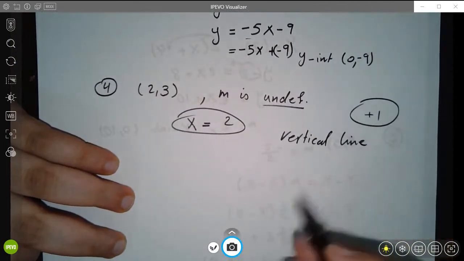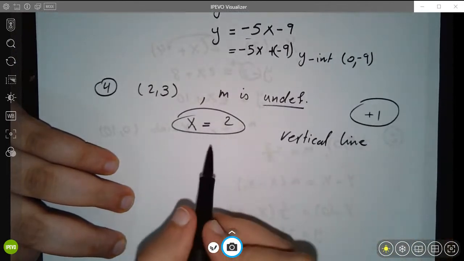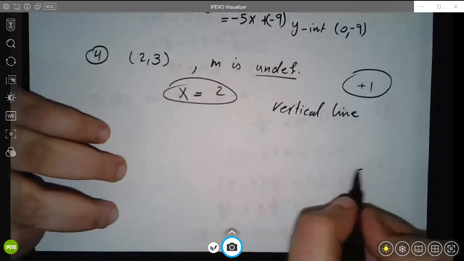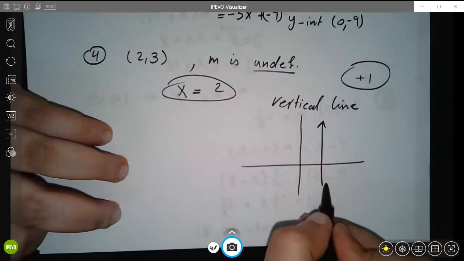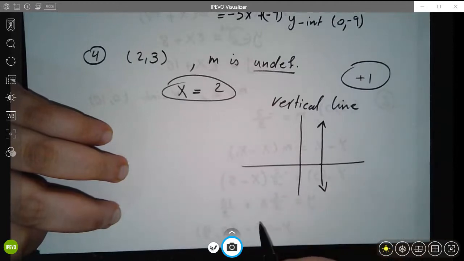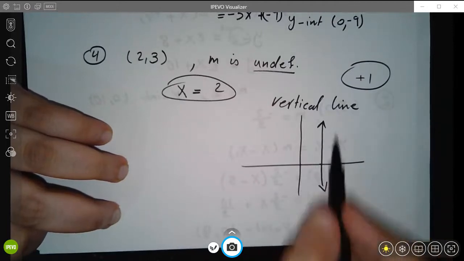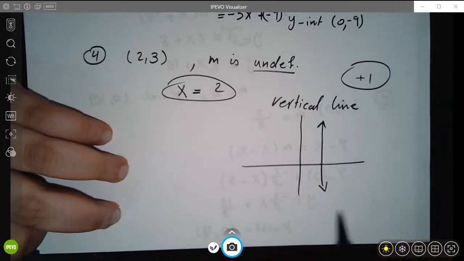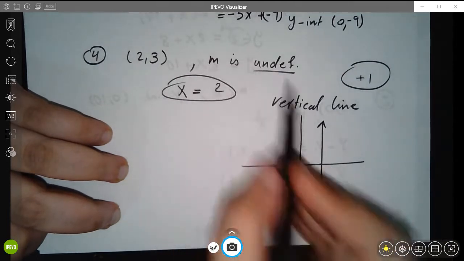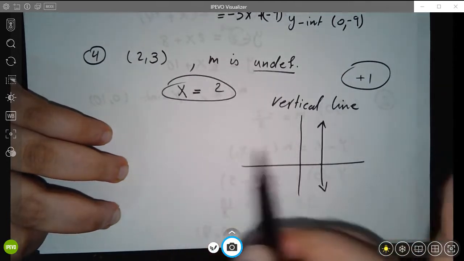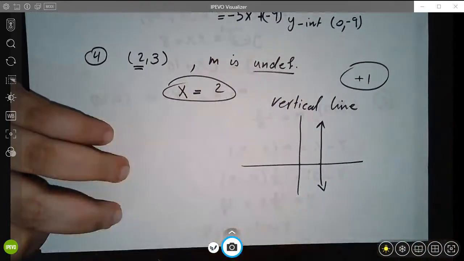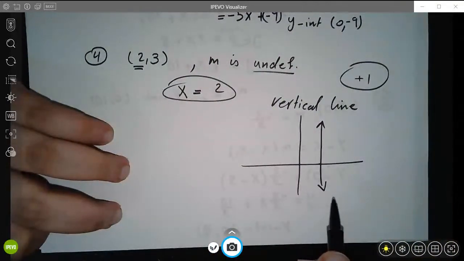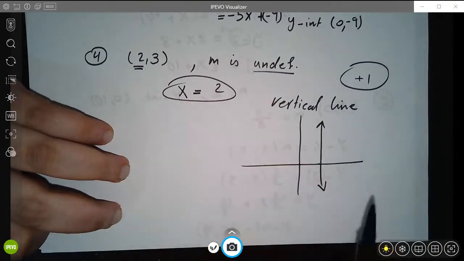And when it comes to vertical lines, the equation is always going to be x equals a specific number. And the graph is going to look like this. Just one straight line, vertical, on the value of x equals 2. So x is always going to be 2. So slope being undefined tells you that the x value is just going to be the same the entire time. And this point right here told you what the x value is. Yeah? So this is one of those questions that you can answer in less than 2 seconds.